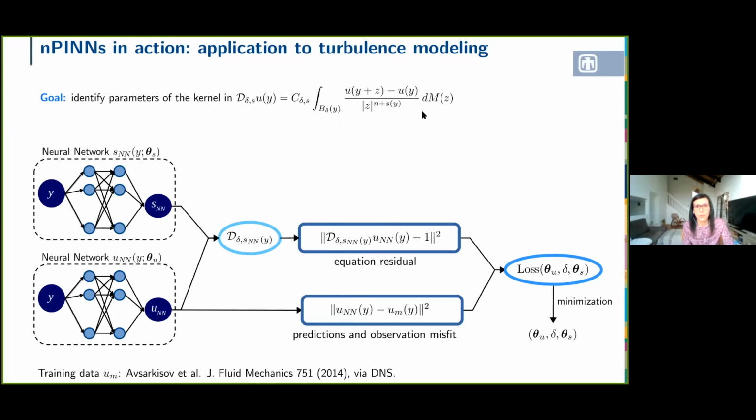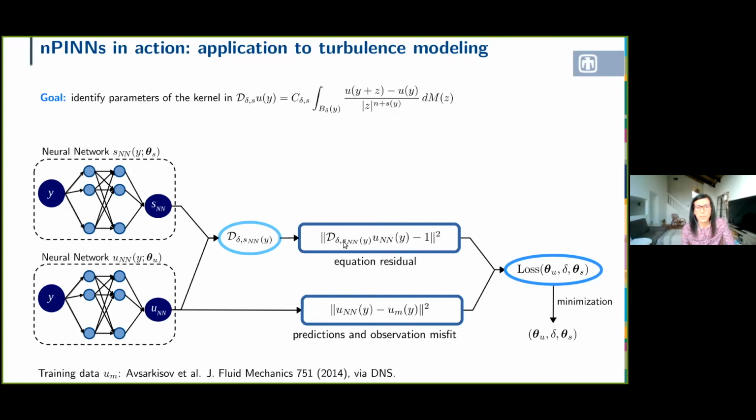For those of you who are familiar with fractional operators, we can look at it as a truncated fractional operator of variable order. And what we're trying to learn here is the variable order and the truncation. The idea of this method is to approximate both the solution and the decay profile with a neural network. Then we're going to minimize, once again, two components.